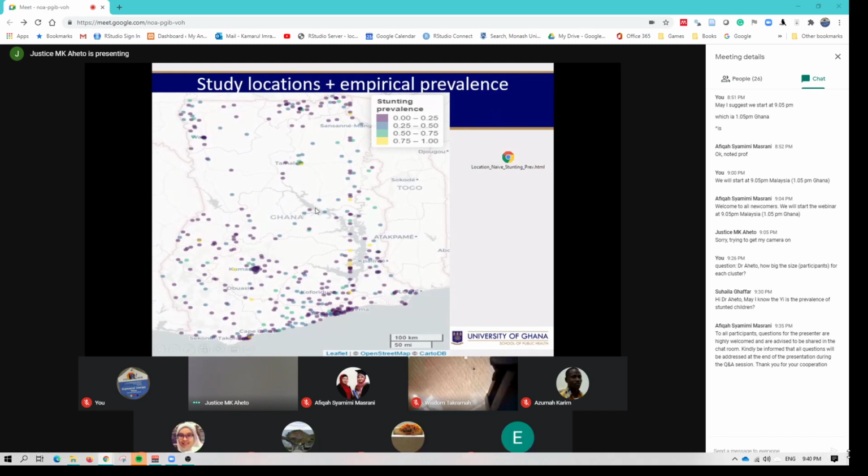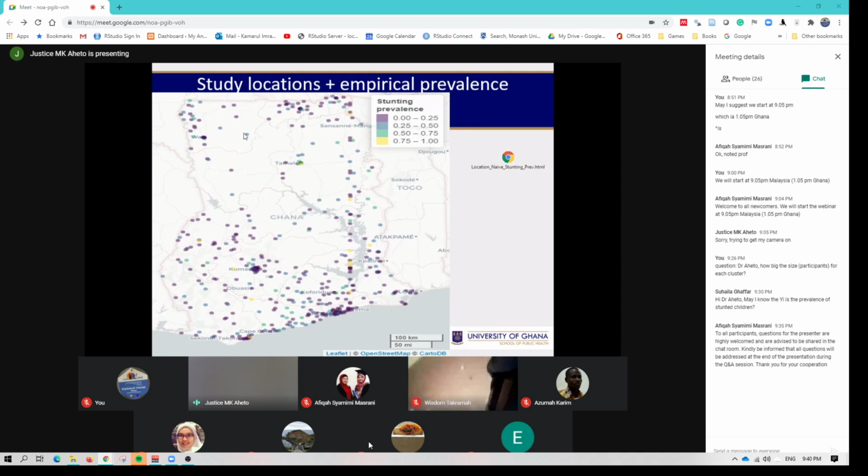The colors you are seeing represent the prevalence, that is, the empirical, raw prevalence. It ranges between 0 and 1. You can see some variability in the prevalence. It looks really random, but we'll go further to look at this in the web-based application.